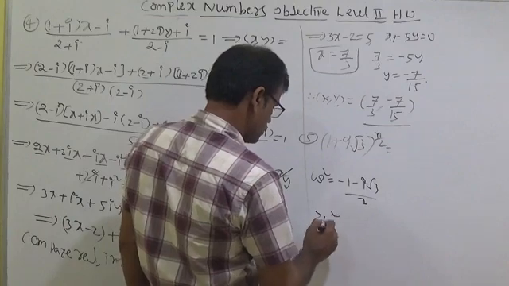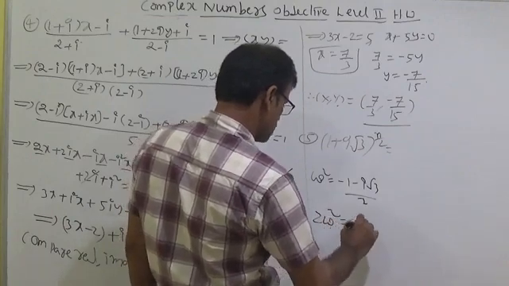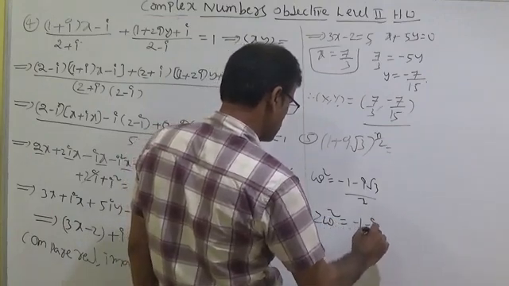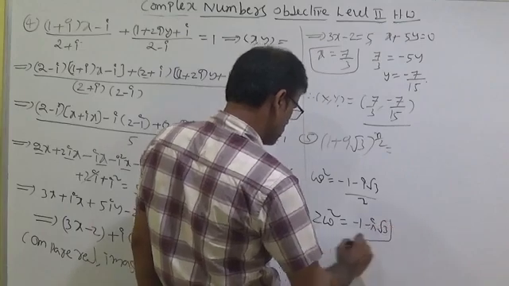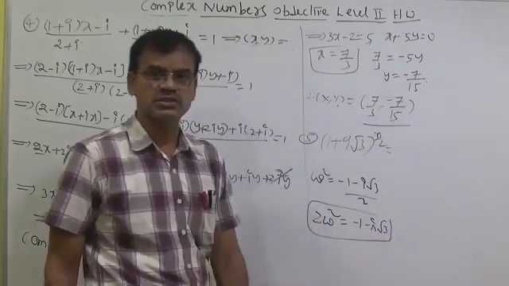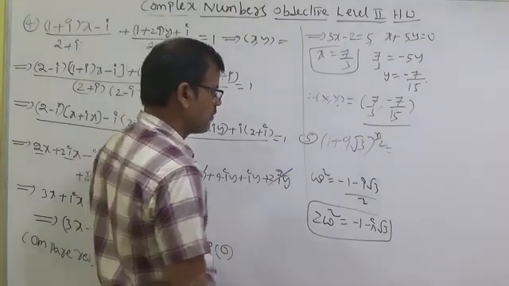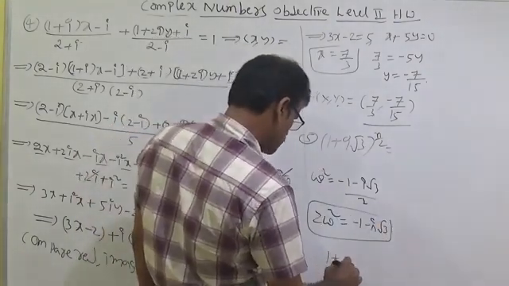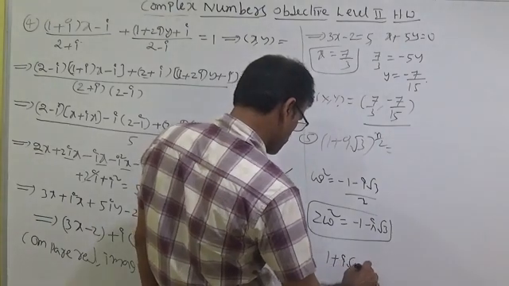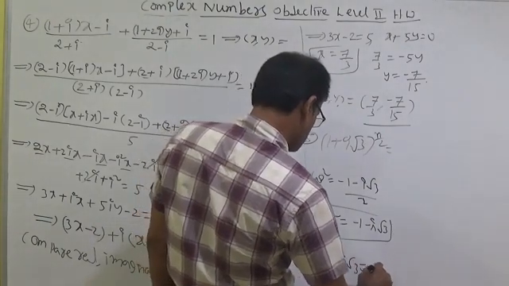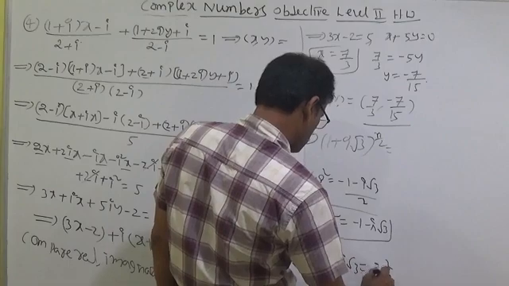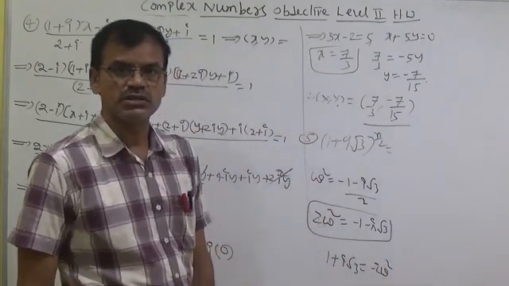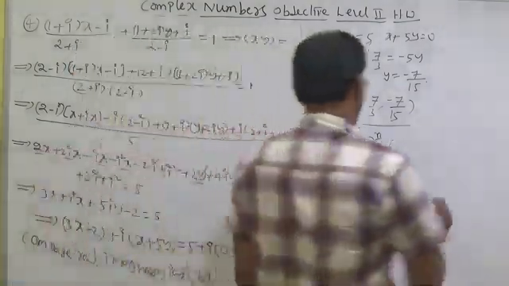So 2 omega square you can write as −1 − i root 3. So now you can understand 1 + i root 3 is equal to minus 2 omega square.